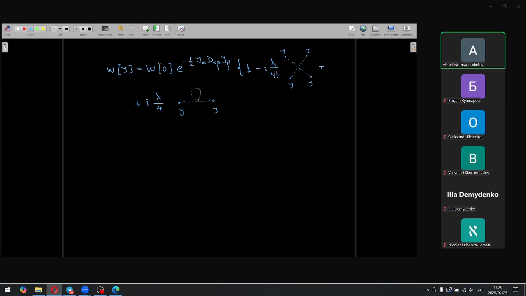Here we have a single bubble, plus terms of the second power in lambda.